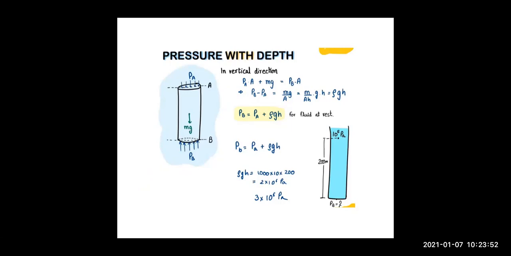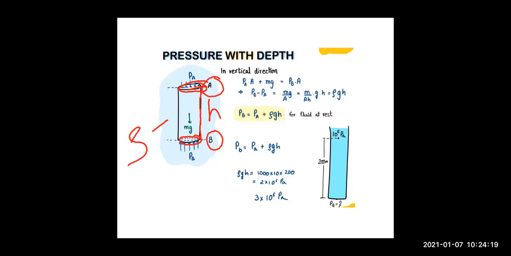Let the density of this liquid be rho, and we are considering here this cross sectional area and this cross sectional area over here. Let this be called A, and let this be called B, right, children? Now let the height between these two, or height of the cylinder, be h.